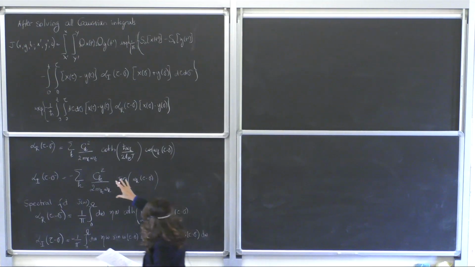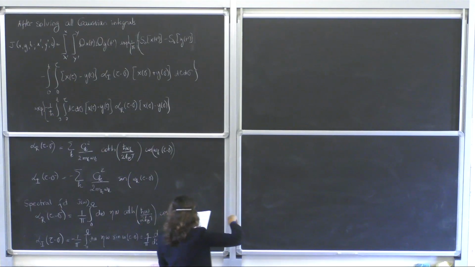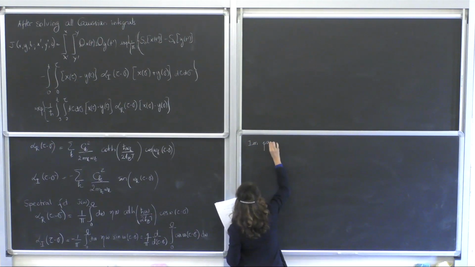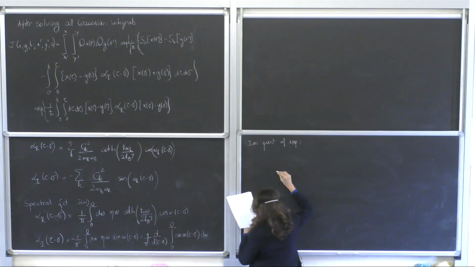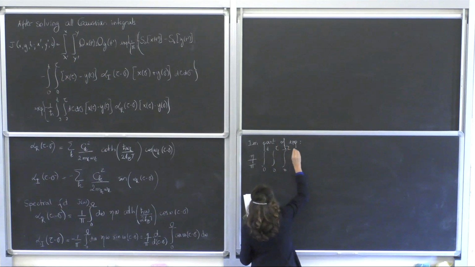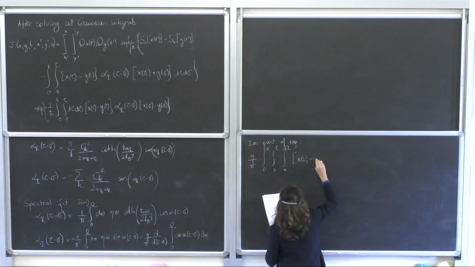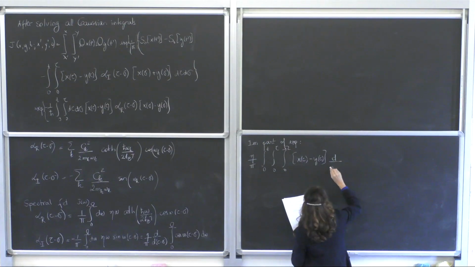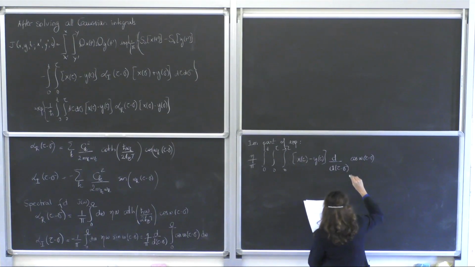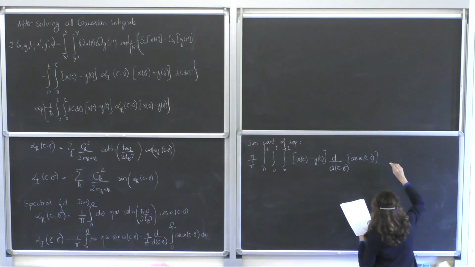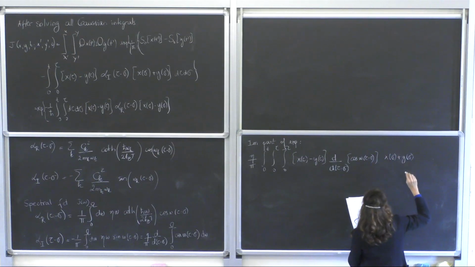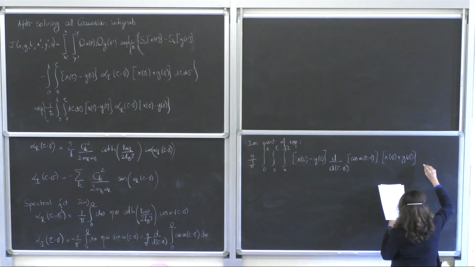So if you look at the imaginary part of the exponent, the one that has that alpha I, after you replace this part, you are going to have eta over pi integral 0 to t, integral 0 to tau, integral 0 to capital omega, x of tau minus y of tau, d over d tau minus sigma of cosine of omega tau minus sigma, times x of sigma plus y of sigma, d tau d sigma d omega.